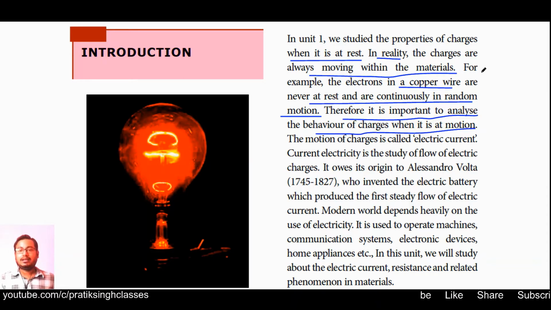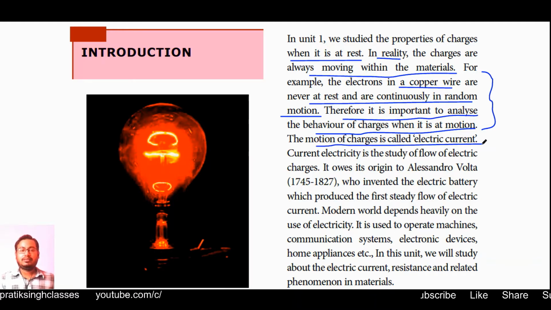And you know very well that as I started my video of first unit, I said that the study of charges in motion is called electrodynamics. So it is not false to say that this unit consists of electrodynamics. The motion of charges is called electric current.